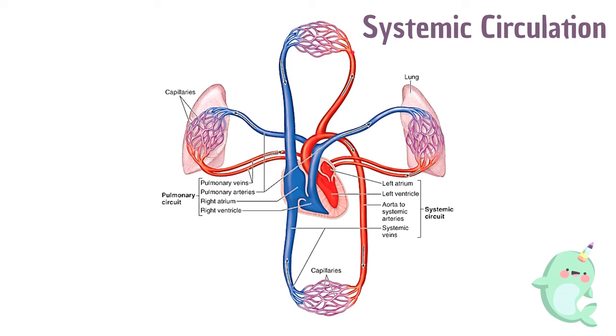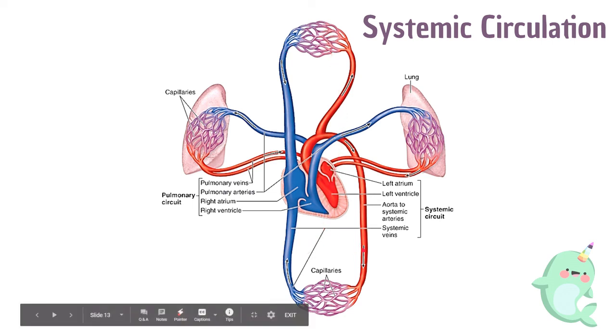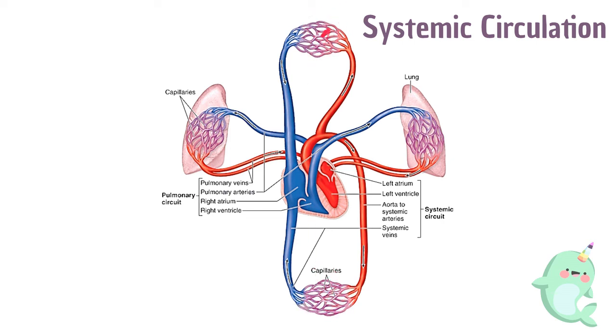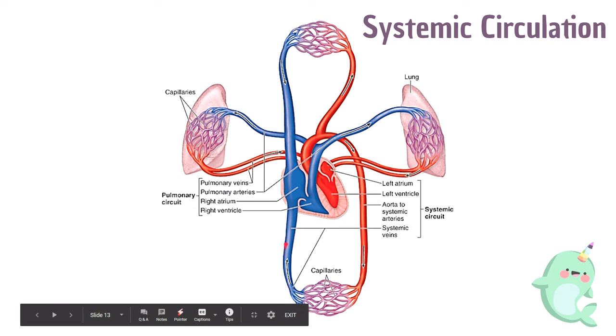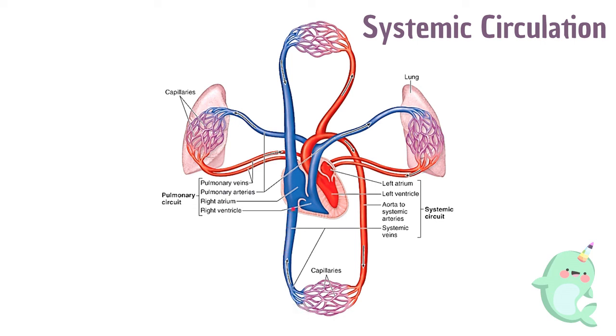Here the blood will leave behind the very important, very precious oxygen molecules and take with them the waste product carbon dioxide, now turning them into deoxygenated blood. And now they are ready to return back to the heart for another circulation.